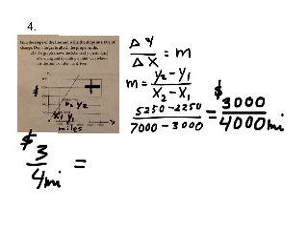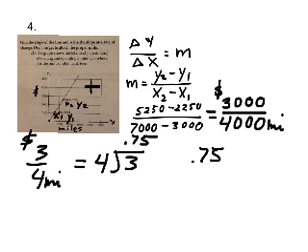So we might as well just divide it. 4 into 3, and what we'll get is 0.75, which, since we're talking about dollars, is 75 cents per mile. And that's our rate of change.